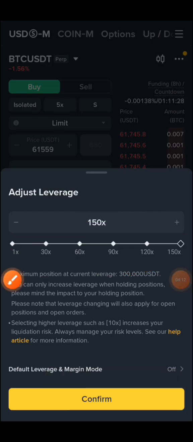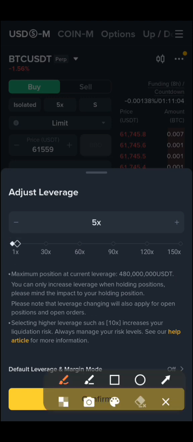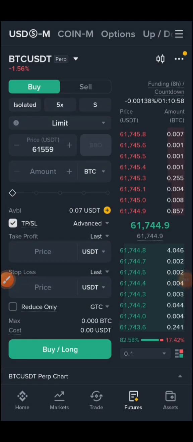For example, as a beginner, it is better to use from 1 to 10 leverage at most, not to go beyond that. That means your capital is going to multiply, and you're going to benefit times those times. So that is how the leverage works. And once you choose the leverage, for example right now I'm using times 5, you press on confirm right there.